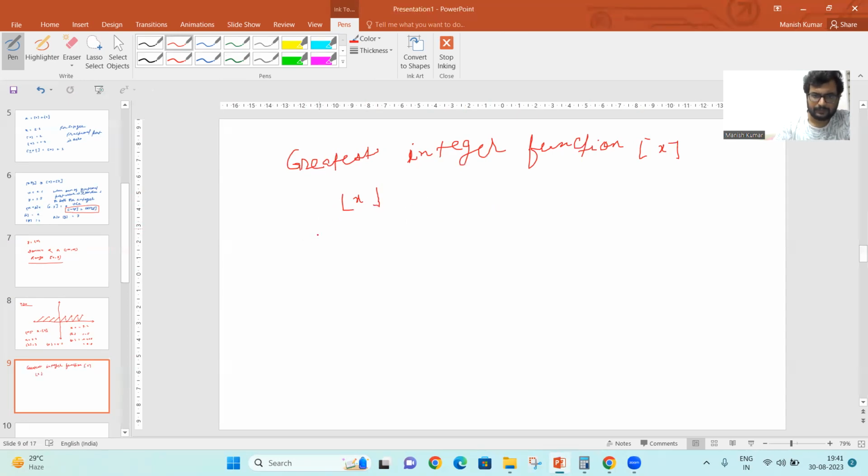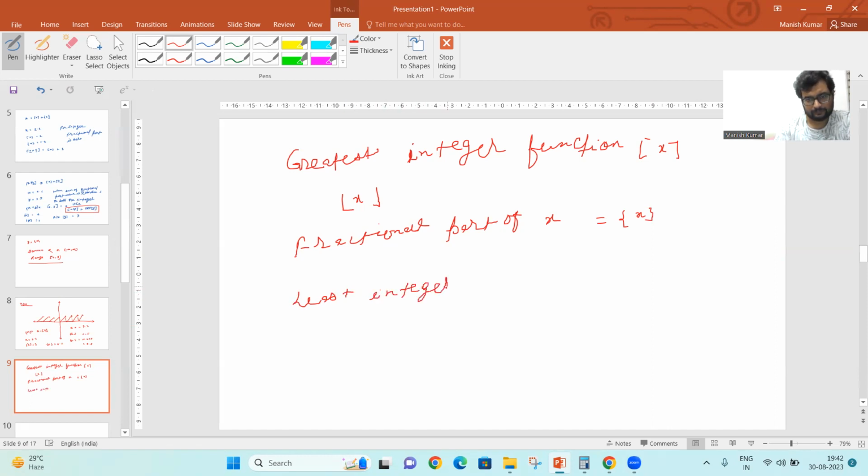The fractional part of x is written like this. And the least integer function is denoted like this, not closed, like this open, or like this.